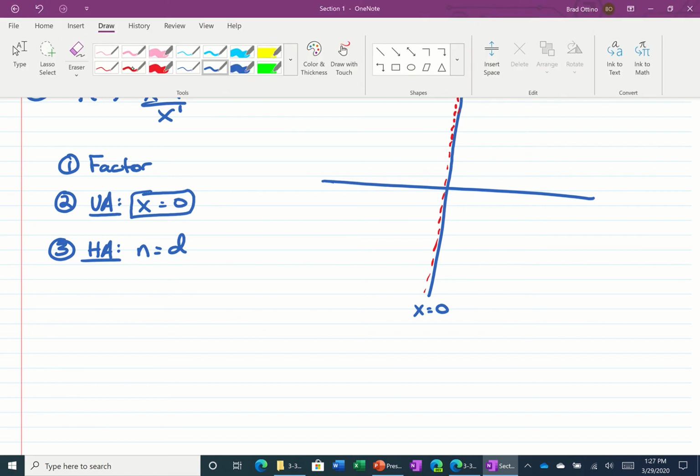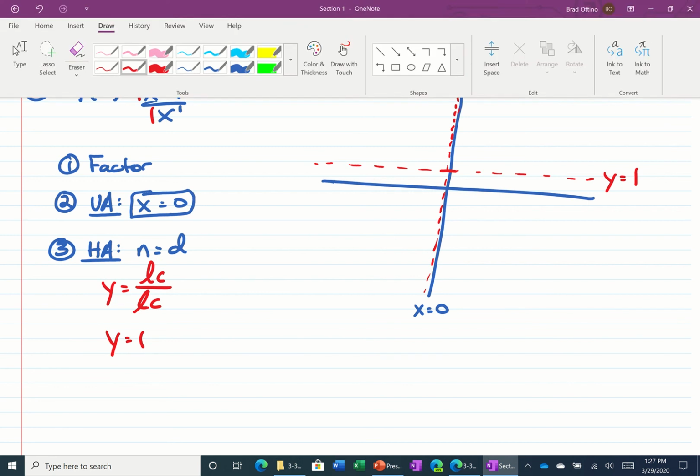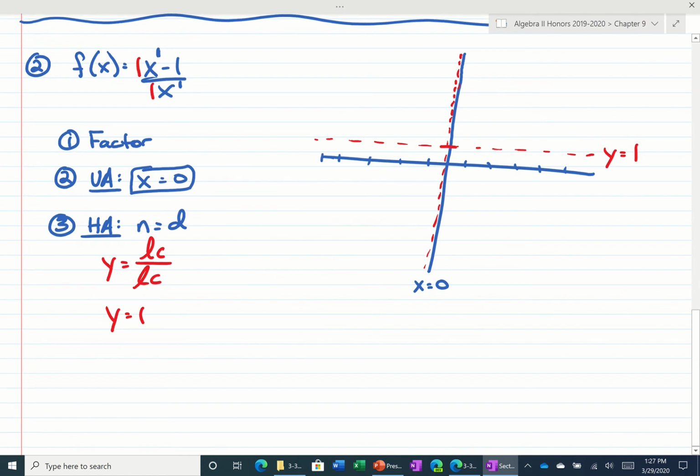So in order to figure out what our horizontal asymptote is, we say y would equal the leading coefficient divided by the leading coefficient, or 1 over 1. Y equals 1 looks like this. So now let's move on to our fourth step.